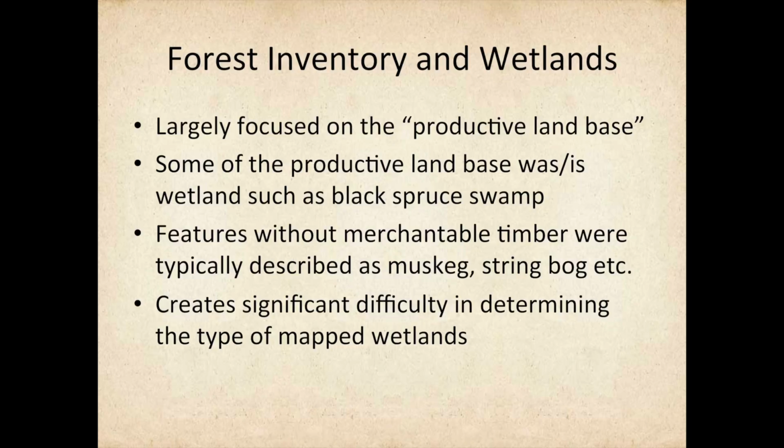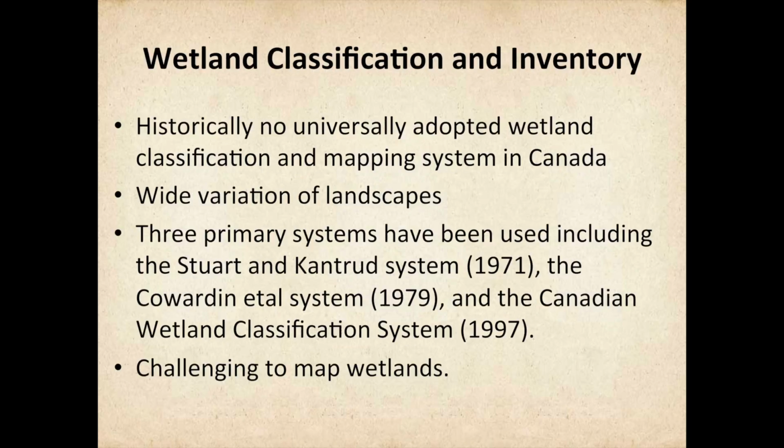If you want to understand how wetlands work, this really does create significant challenges and difficulty in determining the type of wetlands that are out there, which, we're realizing more and more, is really critical. If we want to talk about wetland classification, historically there's been no universally adopted wetland classification and mapping system in Canada, and I think that speaks to our country really.